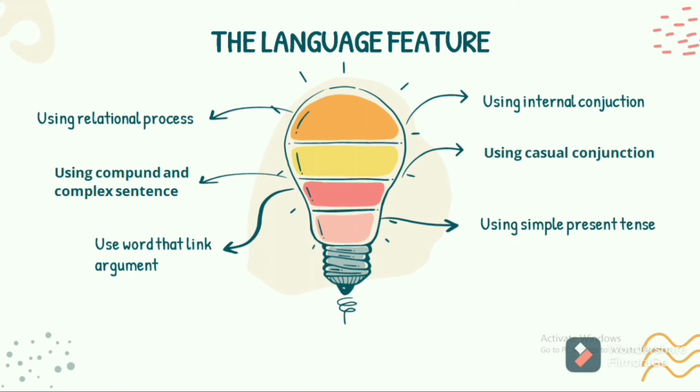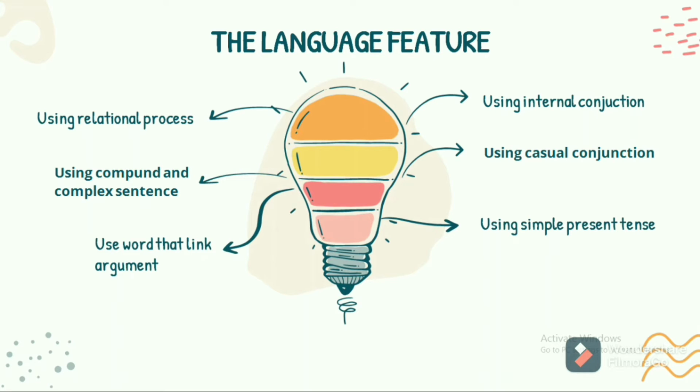Next, the fourth one is using internal conjunction. Internal conjunction is a conjunction used to link a clause, phrase, or word to arrange a sentence. The examples are for, and, but, or, so, after, before, when, while, if, otherwise, and so on.